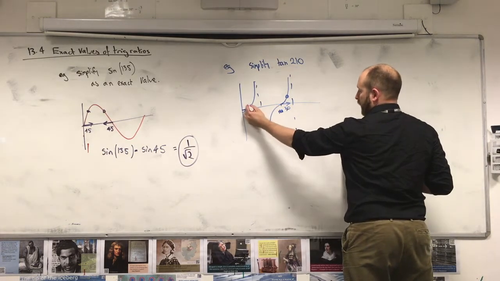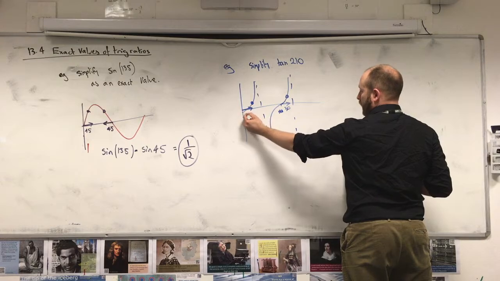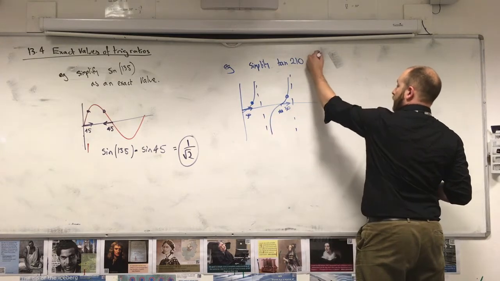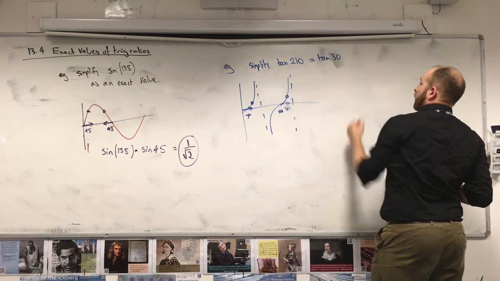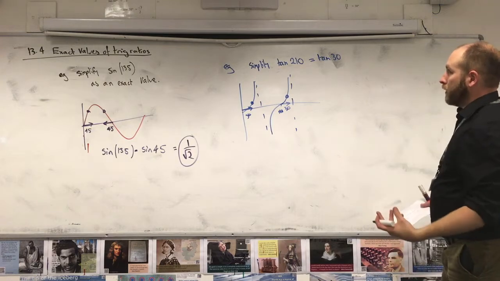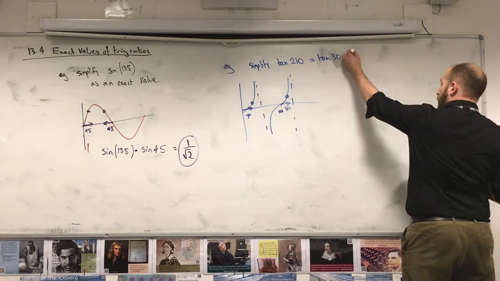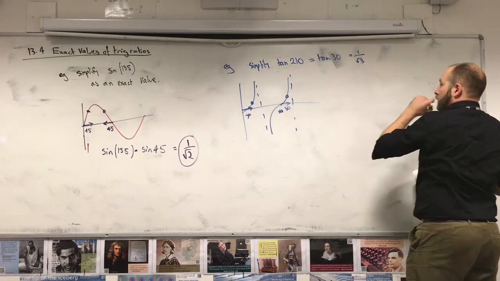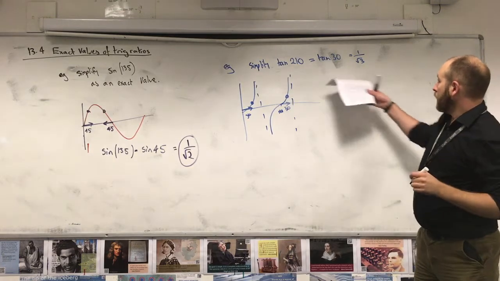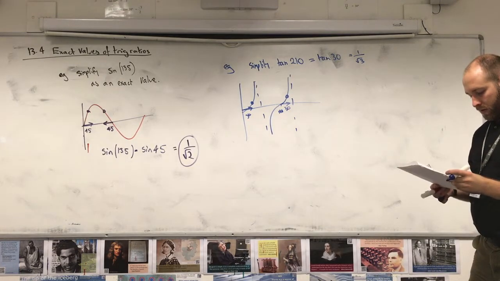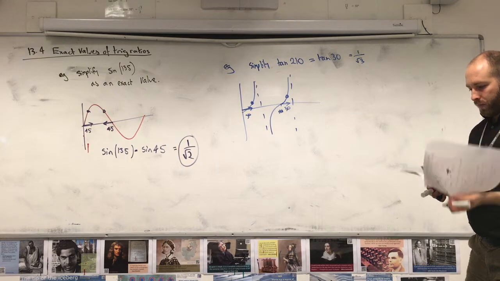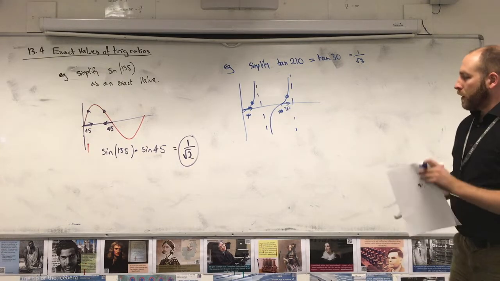So we could say this value is the same as this value, which is 30 away from 0. So that is the same as tan 30. And from just now we saw that tan of 30 was 1 over root 3. So we can say tan 210 is just 1 over root 3. Cool.